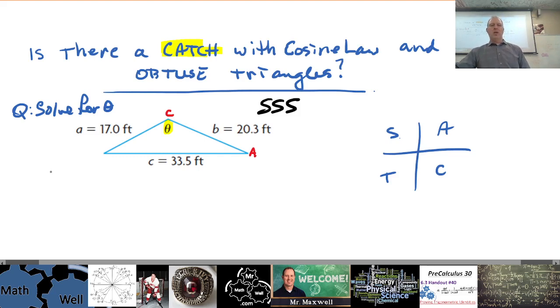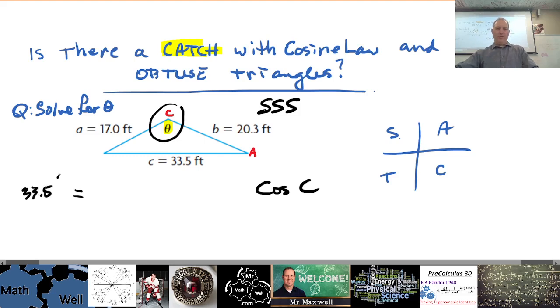Okay. So who remembers how I set this up? If I want to find angle C, well, I know that cos C, I guess, should go to the back there, right? Okay. What goes on the very far left here? Which number? 33.5 squared. Very good. 33.5, make sure you remember to square it. Good. The one that's opposite goes on the opposite side of the equation.